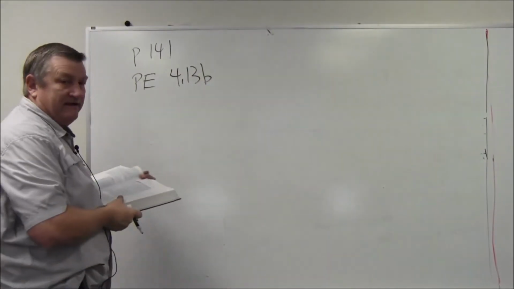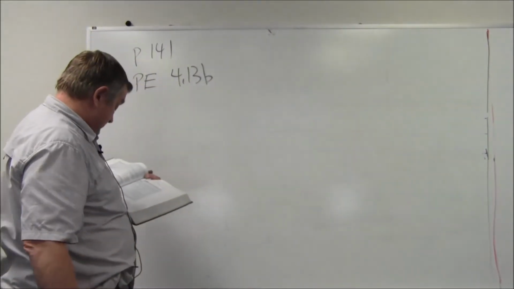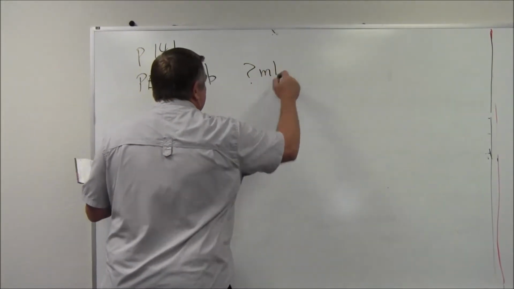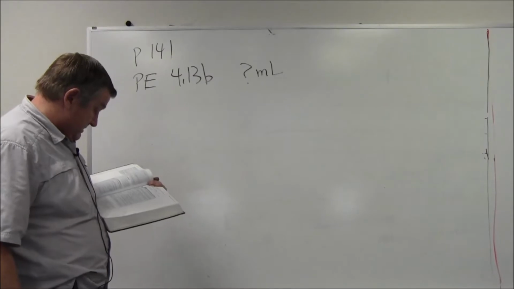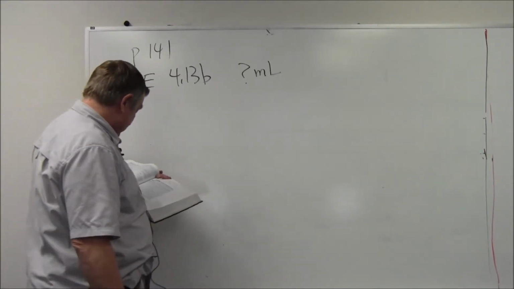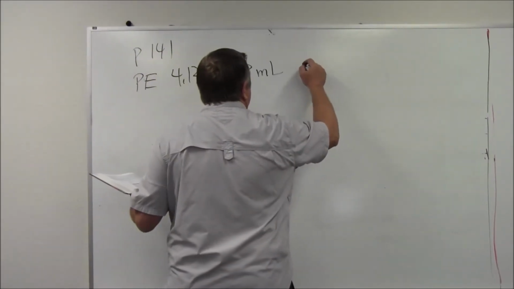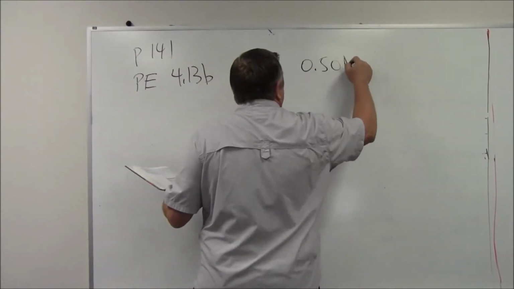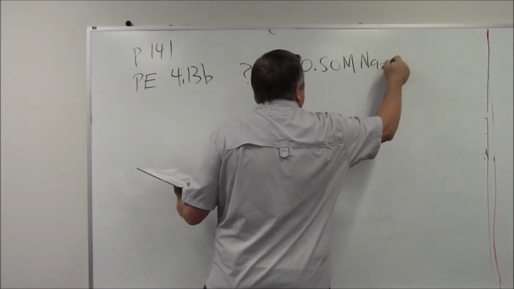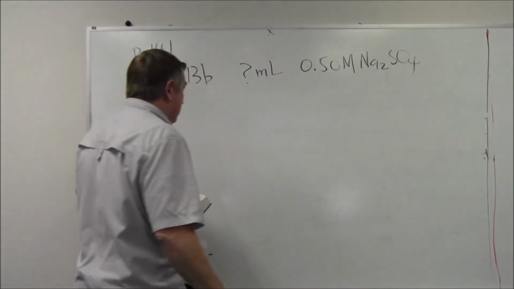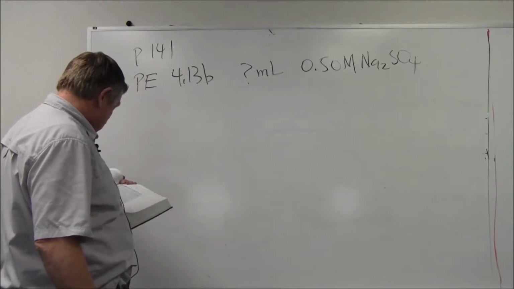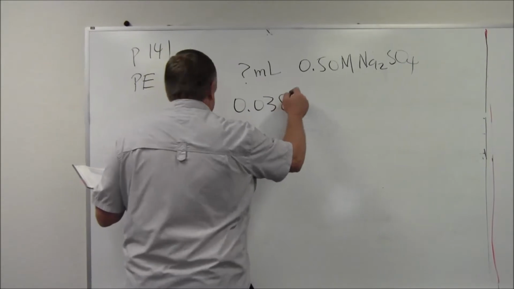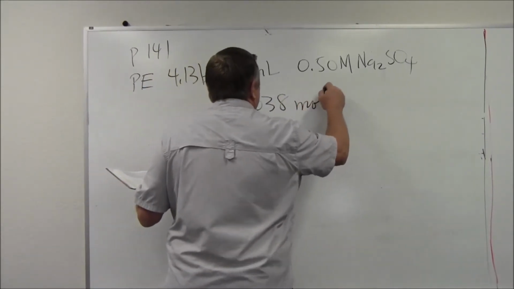We're just going to do part B. And it says how many milliliters, so I go question mark, milliliters, how many milliliters of 0.50 molar sodium sulfate solution are needed to provide 0.038 moles of this salt.